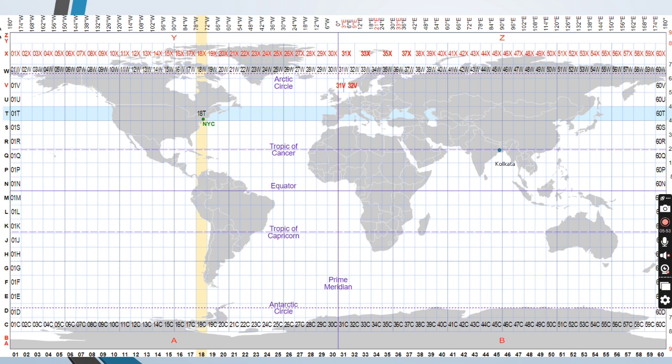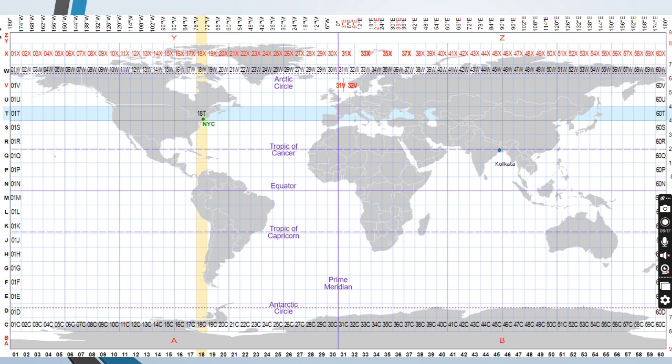Conventionally bands are read from south to north, and the first band is assigned C at 80 degrees south and the last band is X at 84 degrees north. Except X in the northern extreme, which covers 12 degrees of latitude, all other latitude bands cover 8 degrees.